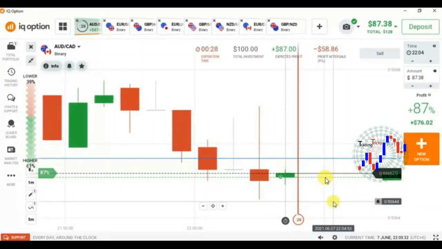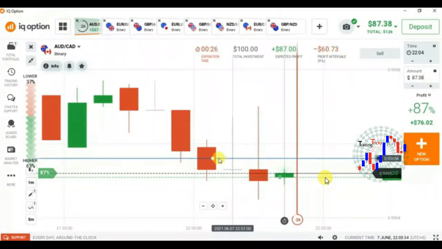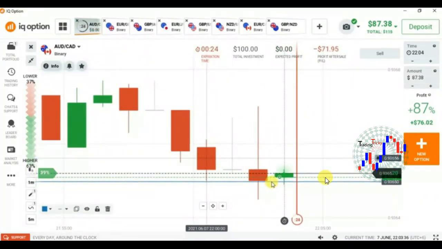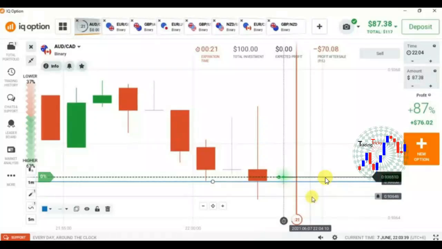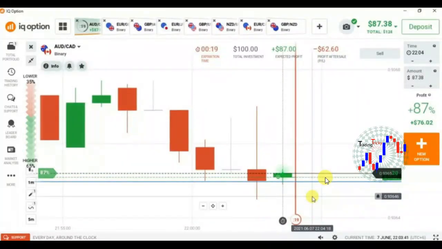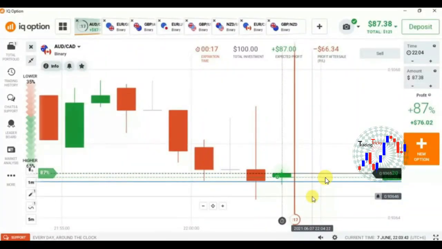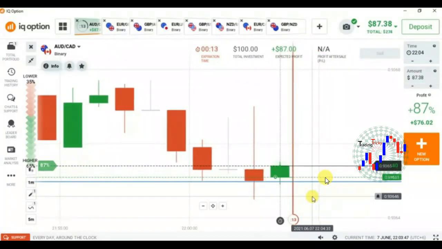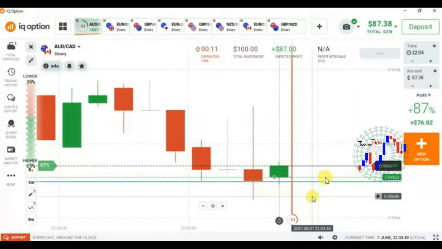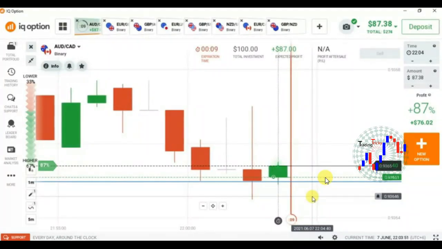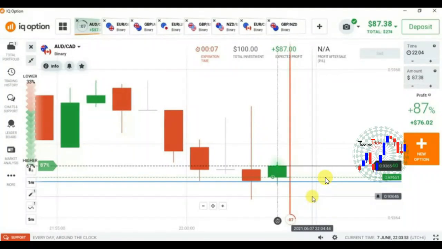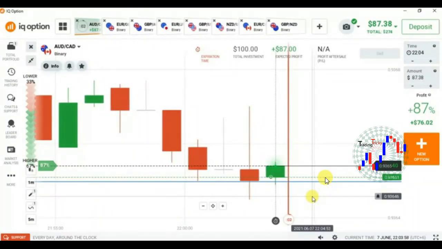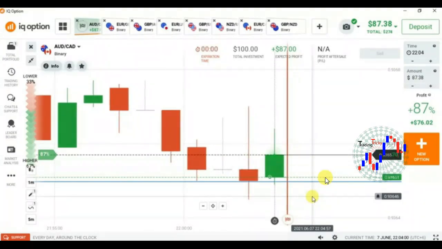As you have seen that I have placed trade a little lower here, but due to market faster movement, that trade placed a little above. So when you face such problem, like you are thinking you will place trade somewhere else, but it's placing any other place, that time I think it's better to skip or avoid trading.